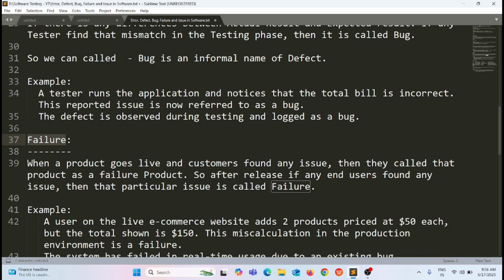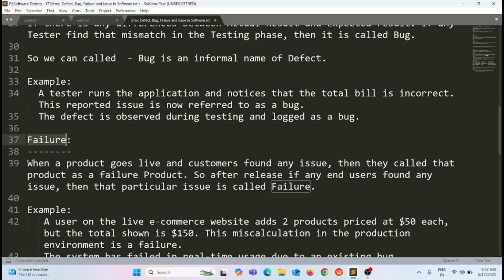So in production, a customer found an issue that we missed. When a product goes to the production environment and the customer finds any issue, the customer will say that the product is a total failure.